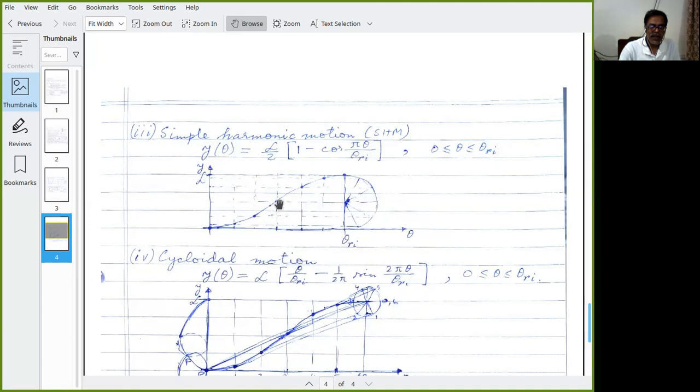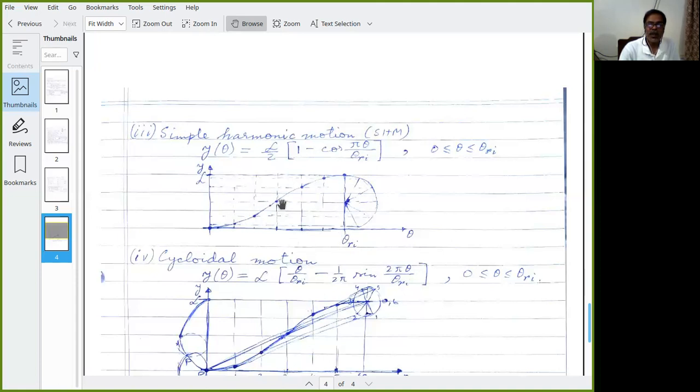From the third, fourth, fifth, and sixth likewise, and then you connect these points to a smooth curve, and that is the graph of rise versus theta. Rise of the follower versus angular position of the cam.